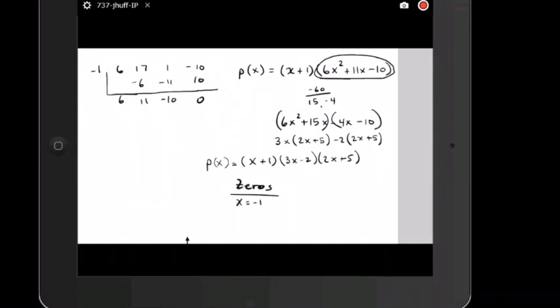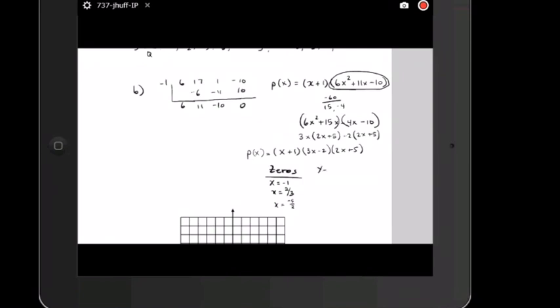So we have x equals negative 1, x equals 2/3, and x equals negative 5/2. Those zeros come from, like this one, for example, 2x plus 5. If you set it equal to 0 and solve it, you're going to subtract 5 and then have to divide by 2 in order to solve that. So that's your 0.